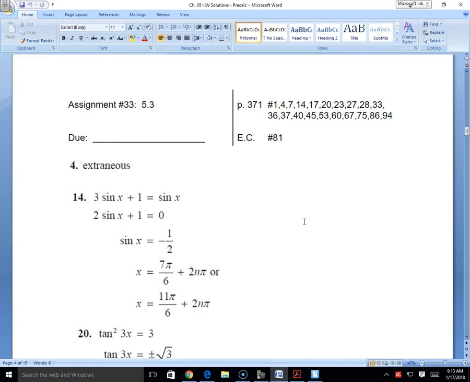So number 4. Ooh, extraneous. You probably had to look for that vocab a little bit. Can someone read me the definition? Chris, what is it? Extraneous doesn't satisfy the original equation. So somehow you get to the end, you think it's an answer from the math, and yet if you plug it back into the original, it doesn't work.